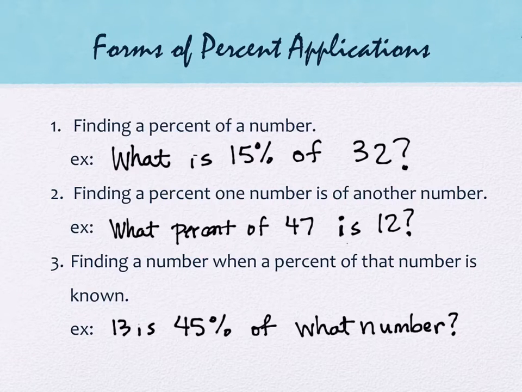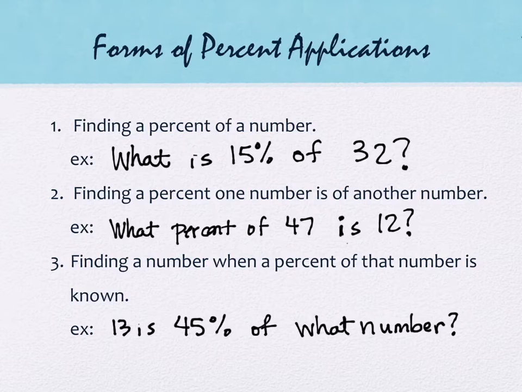We know the percentage that it represents, and we don't know the whole. So if I tell you that 45% of my class got a passing grade, and there were 12 passing grades, I'd be able to figure out how many students I had from that information. How many students are represented by that 45%?